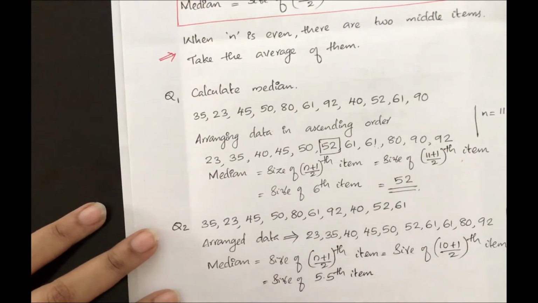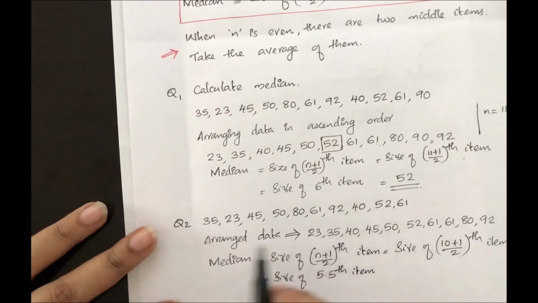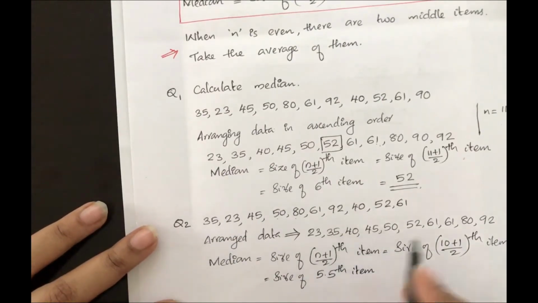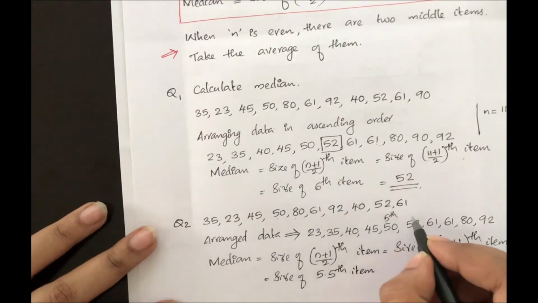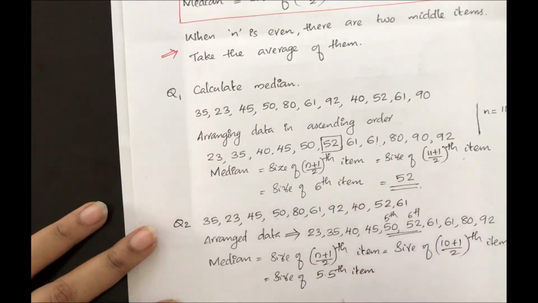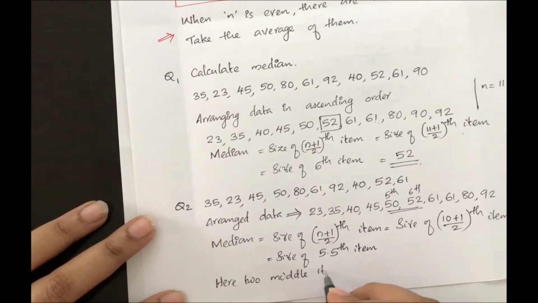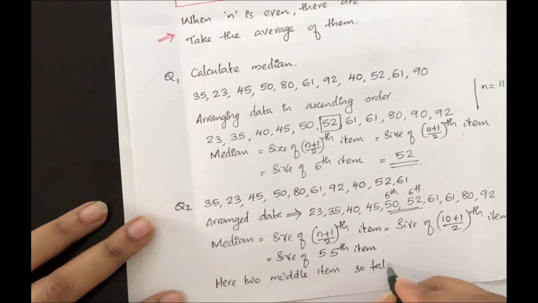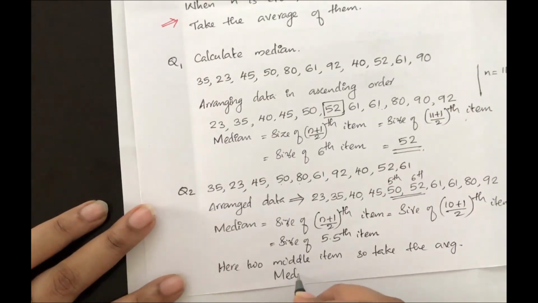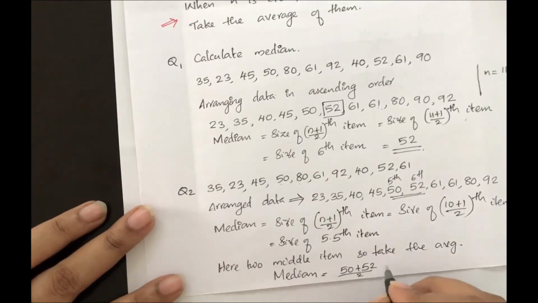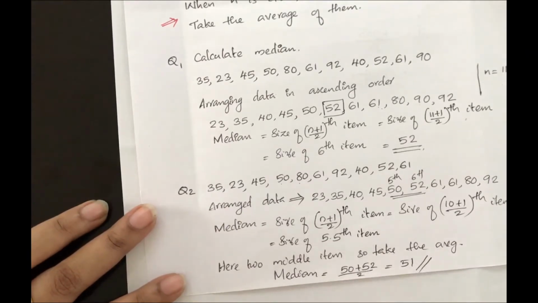There is no item called 5.5, so we need to take the average of the 5th and 6th. This is the 5th and this is the 6th. Please take the average of these two, since there are two middle items. So median is equal to (50 plus 52) divided by 2, that is, median equals 51.